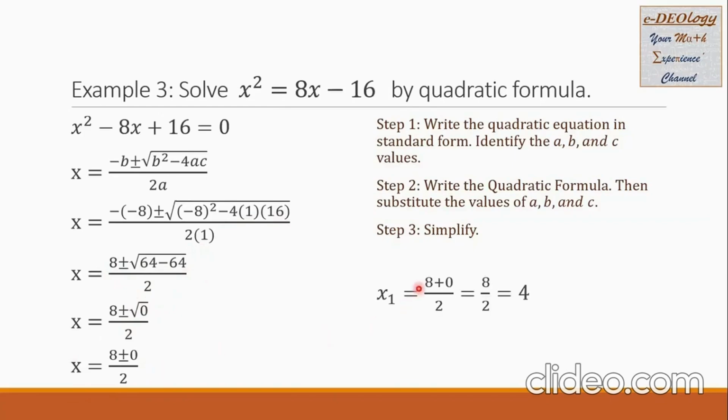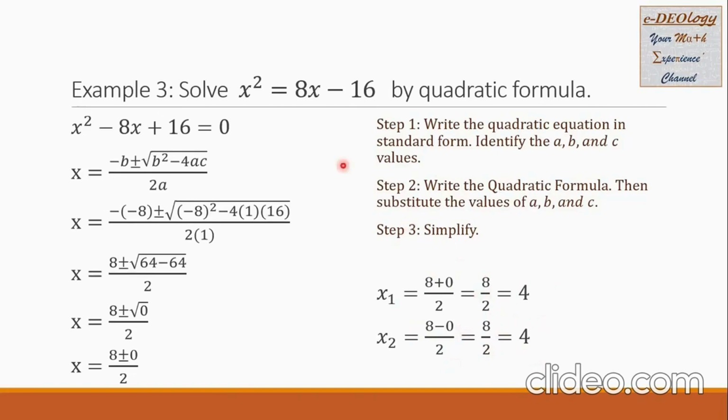At this point, we will now split our x into plus or minus. The x of 1 is 8 plus 0 all over 2. 8 plus 0 is 8 over 2 is equal to 4. X of 2 is the 8 minus 0 all over 2. Also it is 8 over 2, and that is equal to 4. You see here our values are the same.